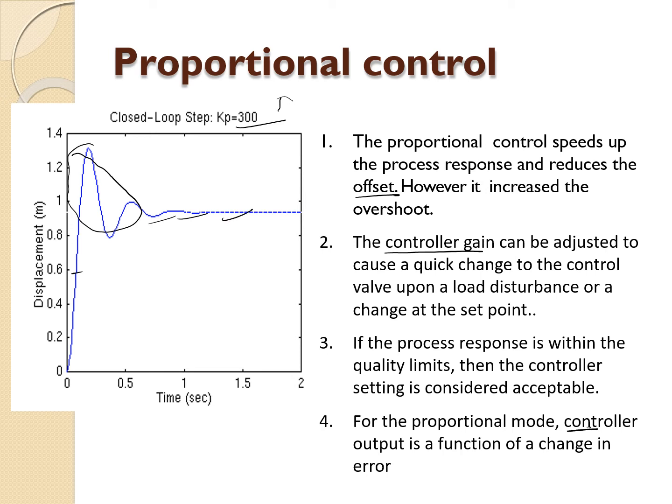If you increase the KP, you have to see whether the response is stable, or whether it becomes worse. If the response becomes worse, you have to decrease the KP until a certain limit. You have to see the response. Sometimes if you decrease it too low, it will cause the system to fluctuate also.